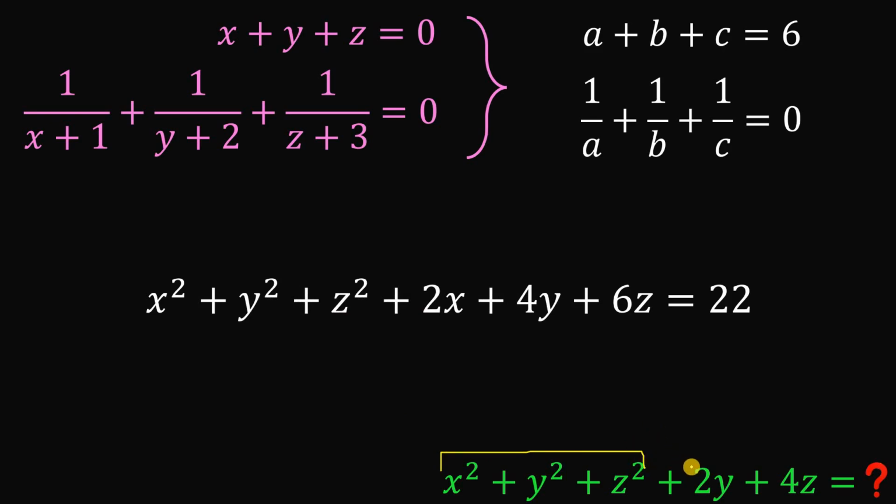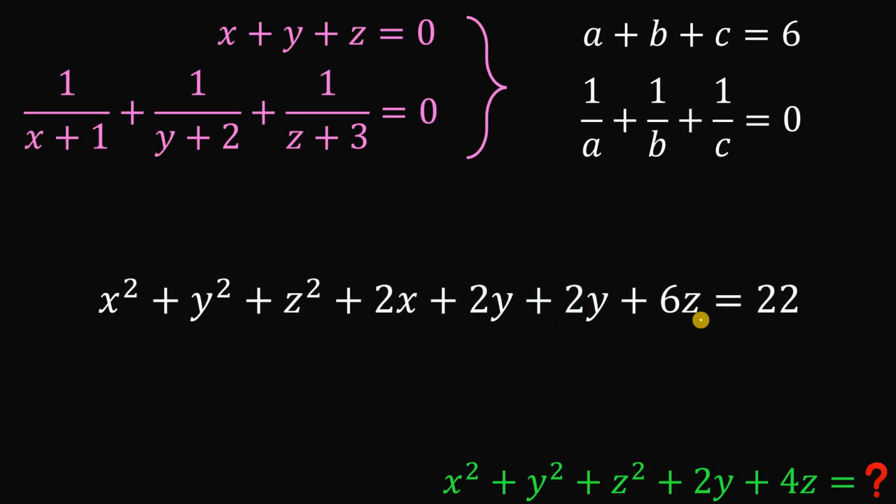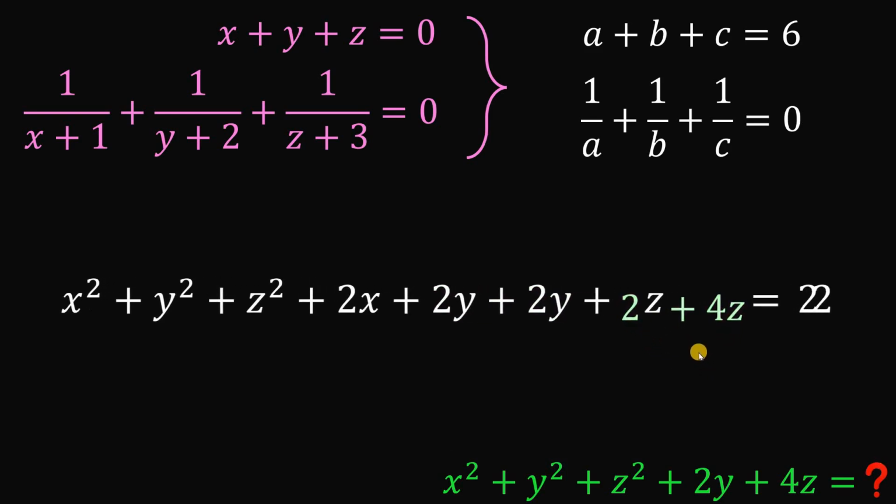But we want 2y plus 4z. Here, we have 2x, 4y, and 6z. So why not? Let's break this 4y into 2y plus 2y, and this 6z into 2z plus 4z.